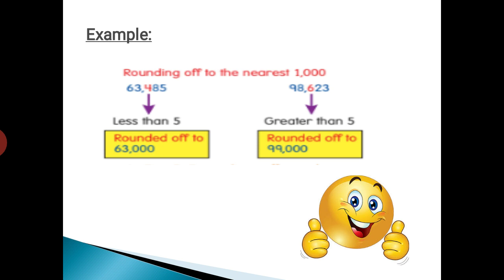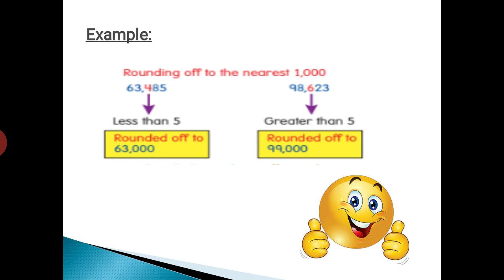So 4 is at the hundreds place, and 4 is less than 5. So all the digits to the right of it, the ones, tens and hundreds place, we make 0, because the hundreds place digit is less than 5. So we have made all these 0, and the thousands and 10,000s place stay the same.